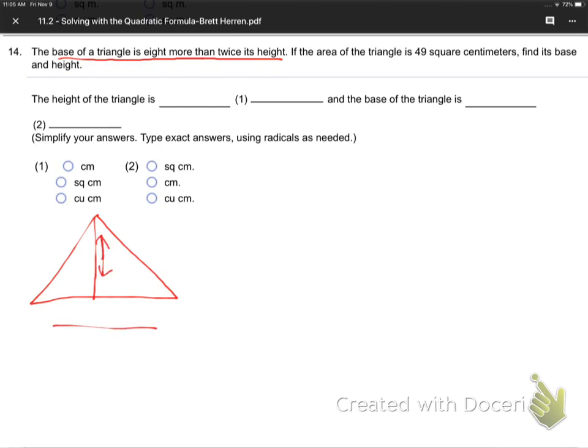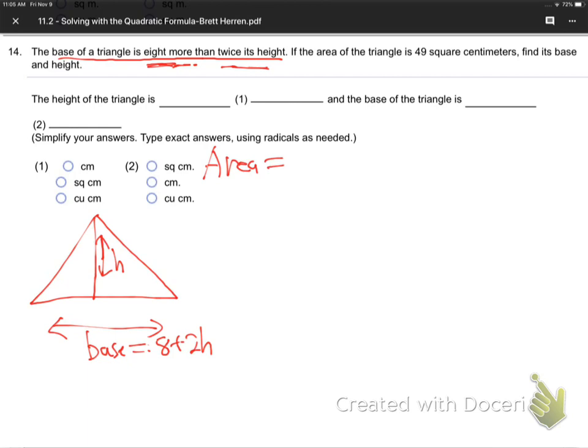This is the base. Base, height, okay. And it says the base is 8 more than twice the height. The base is 8 added to twice the height. So the base is 8 plus twice the height. What's the area? And they're talking about area.